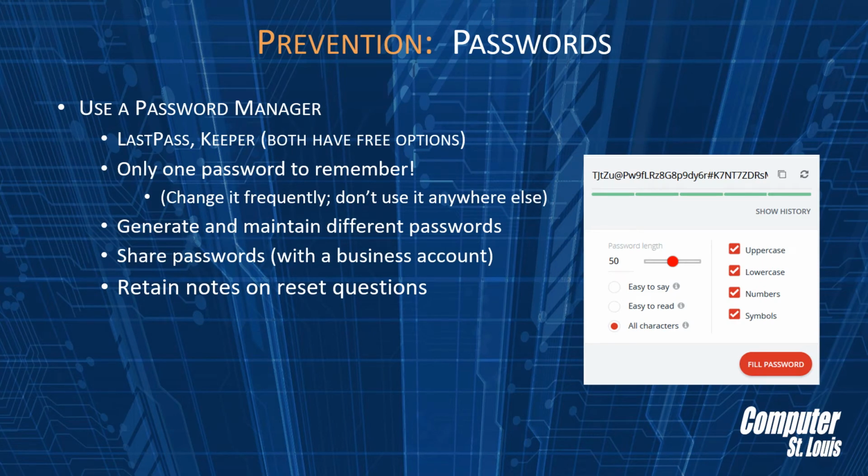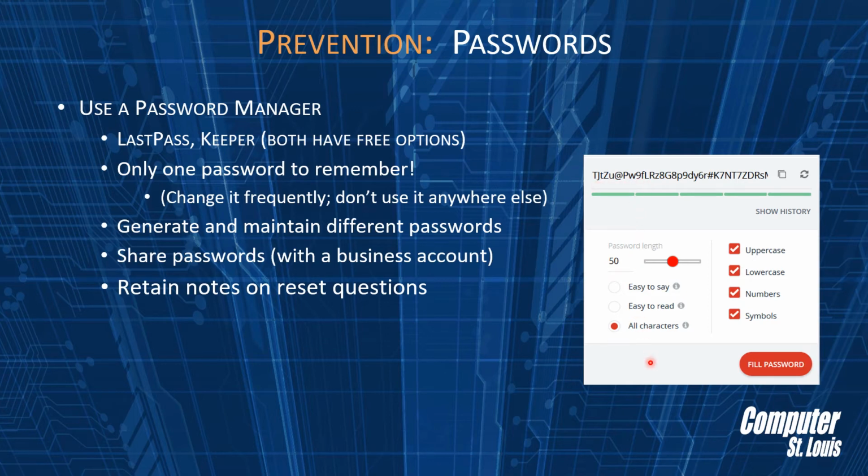What we recommend is using a password manager. So LastPass and Keeper are both really good. They have free options. Something that is really nice too is you can use them, as you can see on the right, to generate and maintain different passwords. So you can see over here we have a 50-character long password that is using uppercase, lowercase, symbols, and numbers.